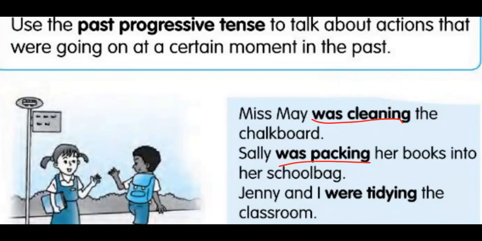When you use helping verb plus ing. When we use a verb with the helping verb and then plus ing, this is called past progressive tense, where we add ing.